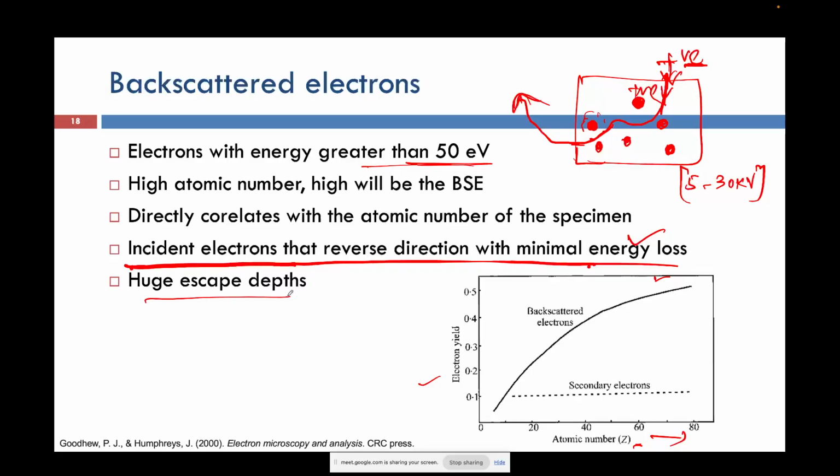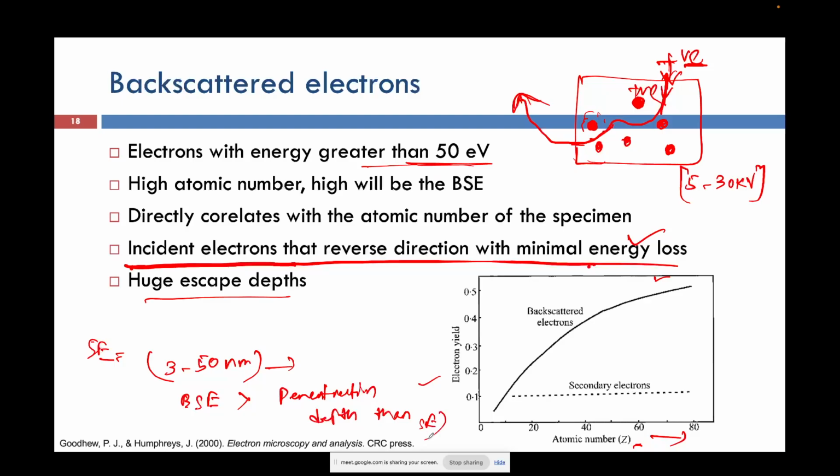And they have a huge escape depth. Huge escape depth means, when I was talking about secondary electrons, I was talking about 5 to 50 nanometers, but backscattered electrons have a very high penetration depth than secondary electrons.